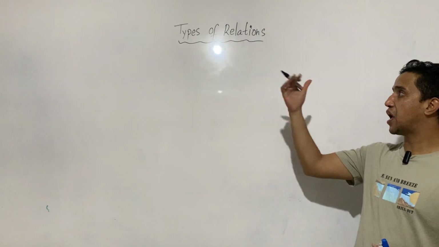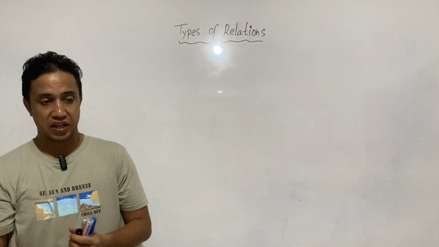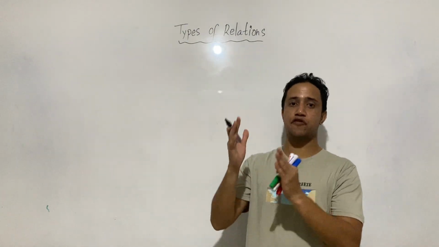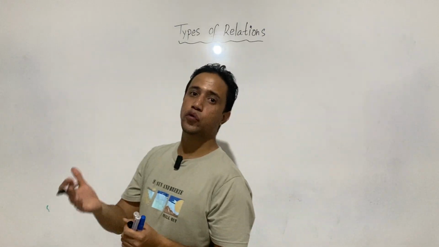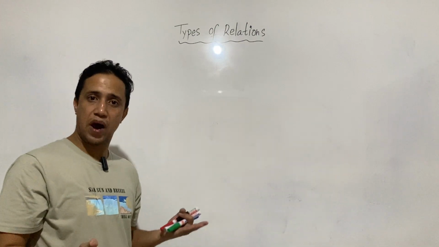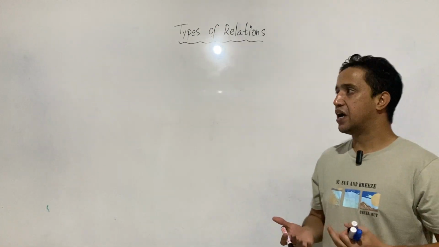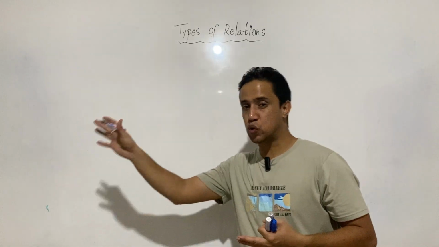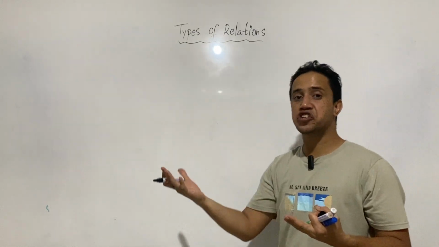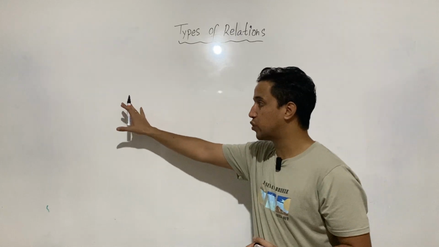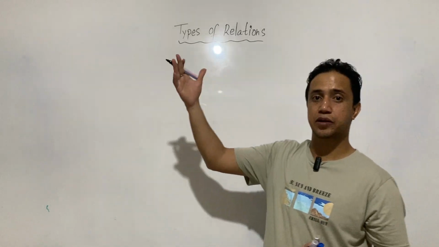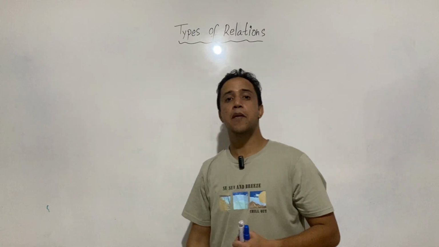Yesterday, in the previous session, we defined the relation and we said that a relation from non-void set A to non-void set B is a subset of the Cartesian product of A and B. Whatever relation you get from set A to set B is basically a set of ordered pairs, and those ordered pairs are a subset of the Cartesian product.